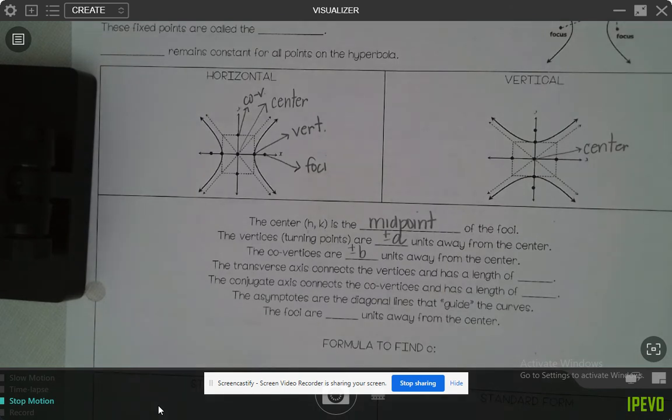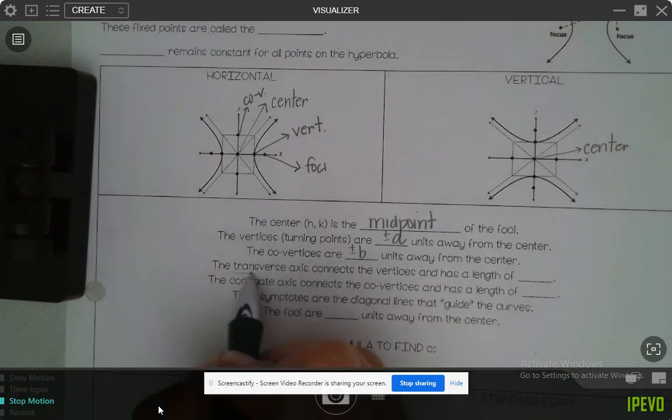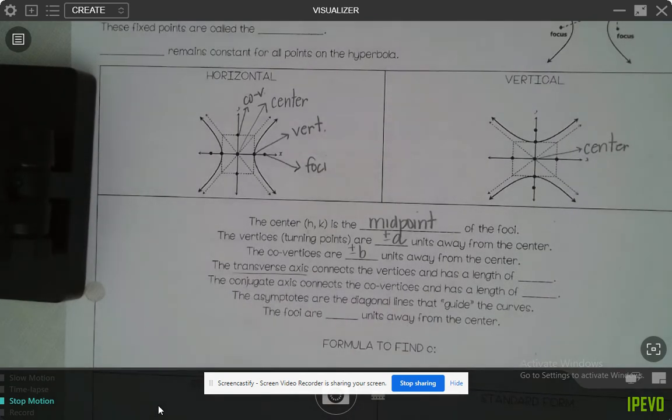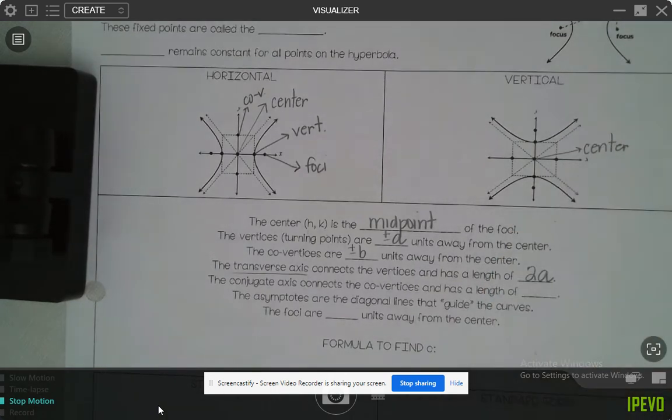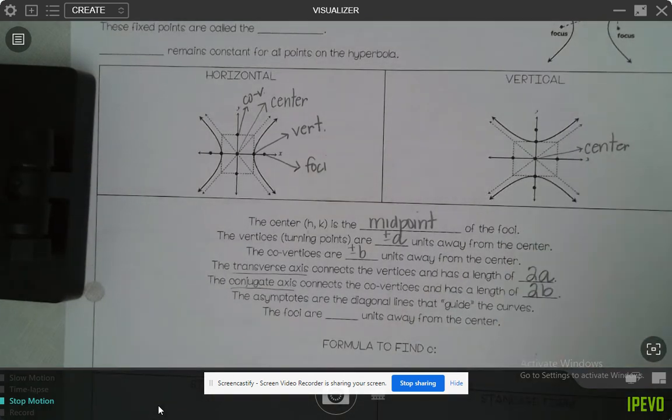Okay? We have a new term: your transverse axis. We called this our major axis before. Because it doesn't run through, they call it a transverse axis on hyperbolas. This is equal to 2a. And your conjugate axis is 2b.